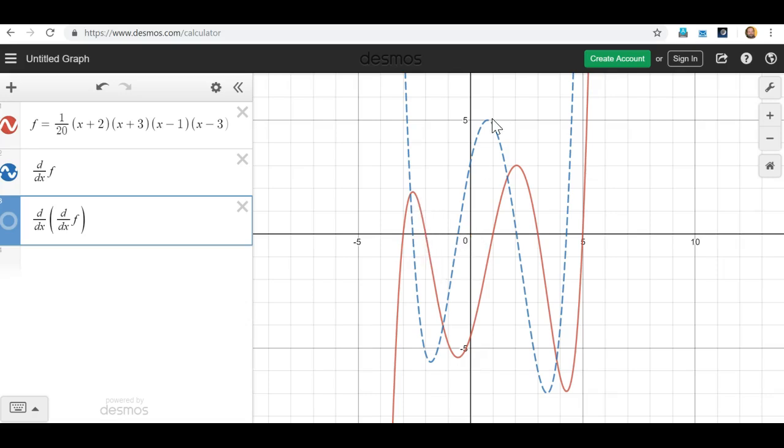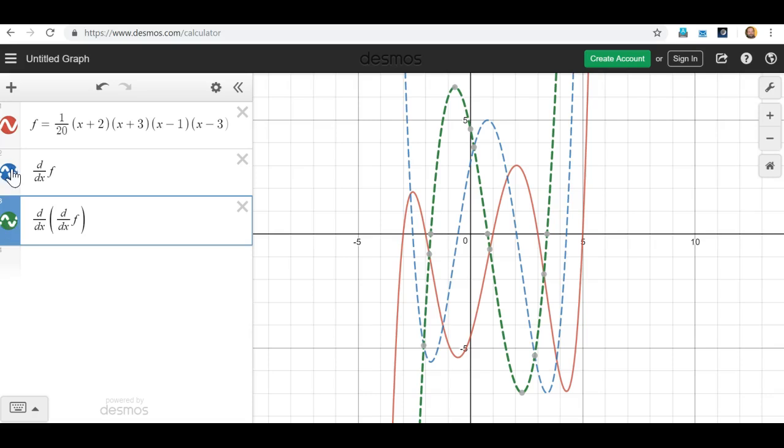The first derivative is decreasing, there to there, the main function should be concave down all the way to here, right? And then the first derivative is increasing again, so where it starts increasing, the main function should be concave up.